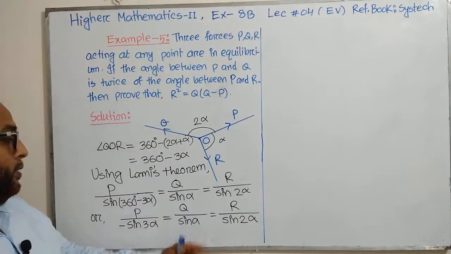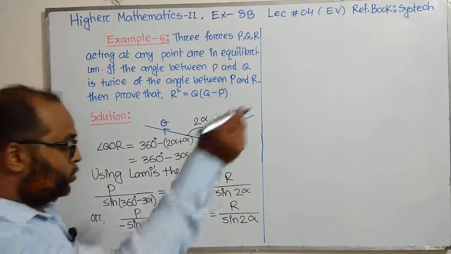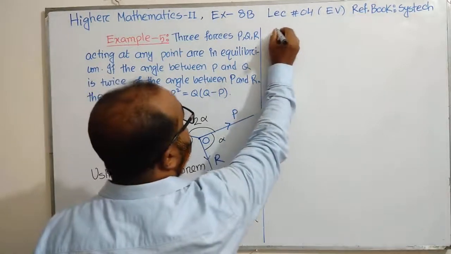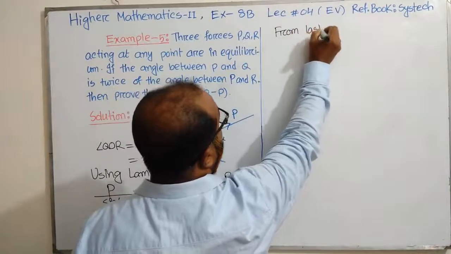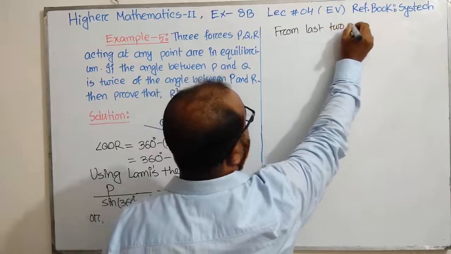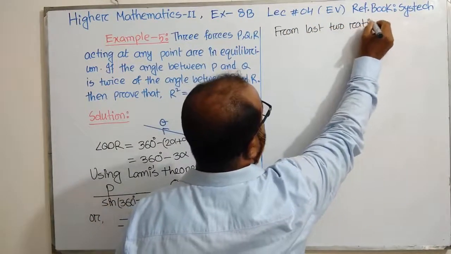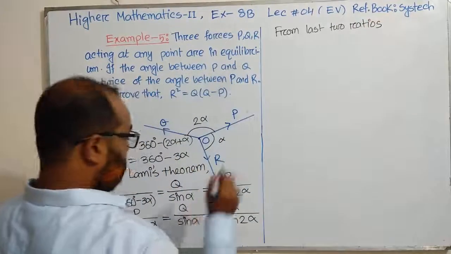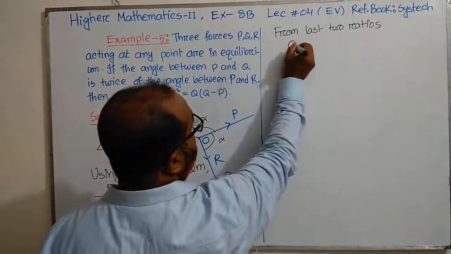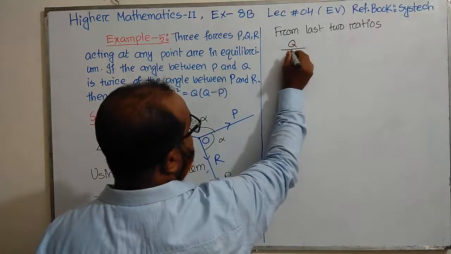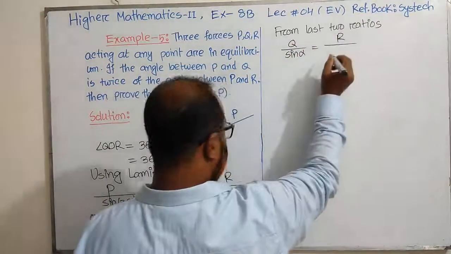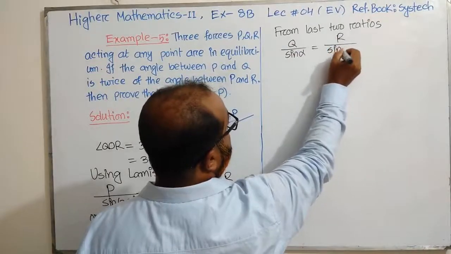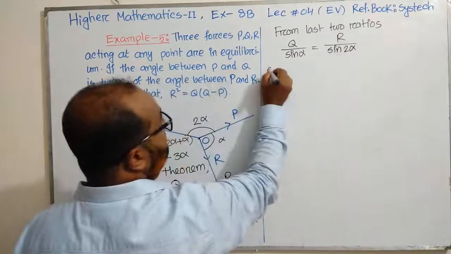Now from the last two ratios, Q by sine alpha equals R divided by sine 2 alpha.